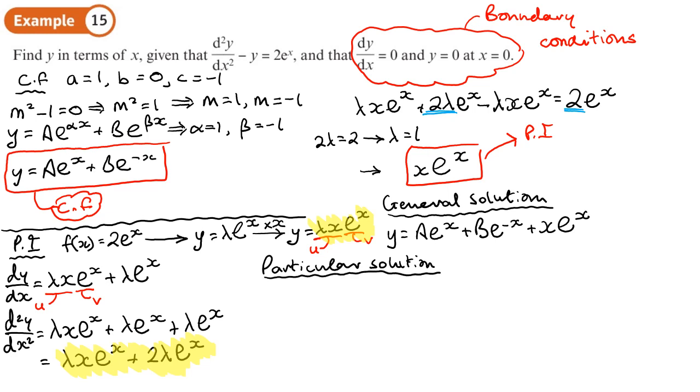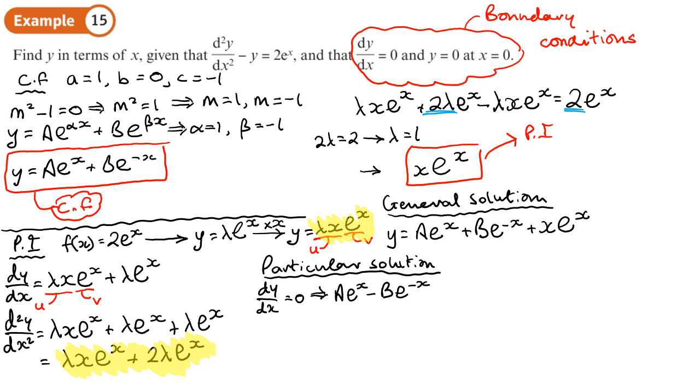Now we're told that dy dx equals 0, so we're going to differentiate this and make it equal to 0. So when we differentiate that, we'll have a e to the x minus b e to the minus x.